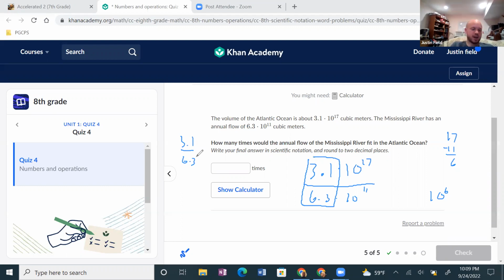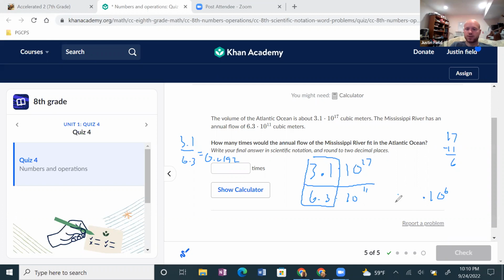Got my old handy dandy calculator. 3.1 divided by 6.3. And I got 0.4920 and a bunch of numbers. Okay, so it's about 0.492.